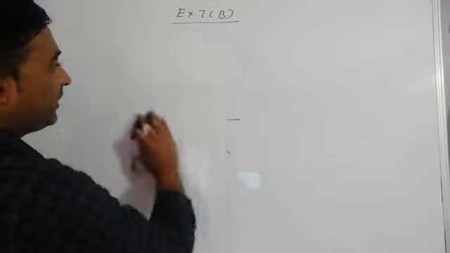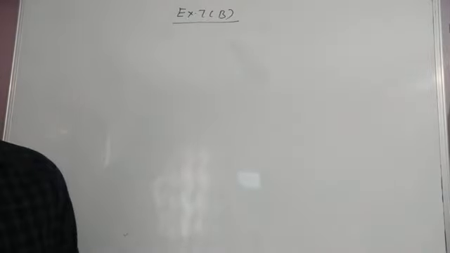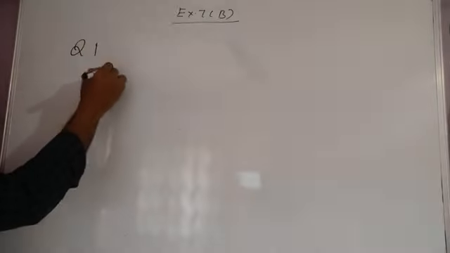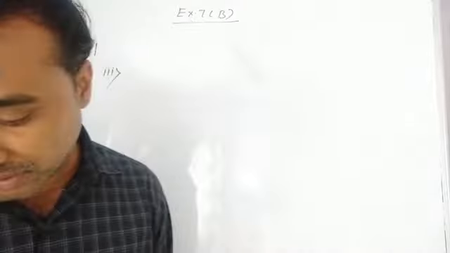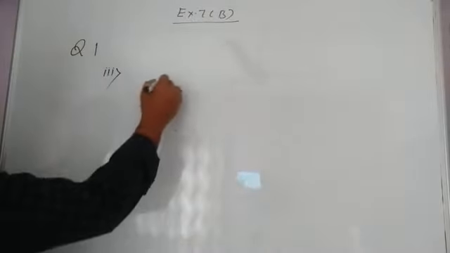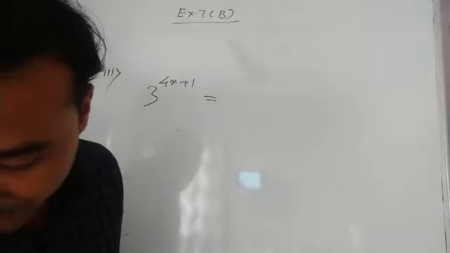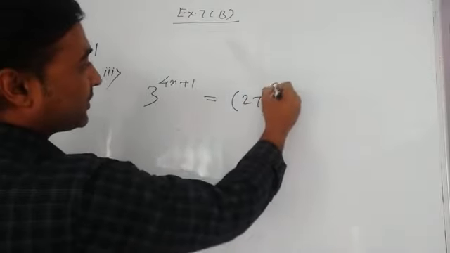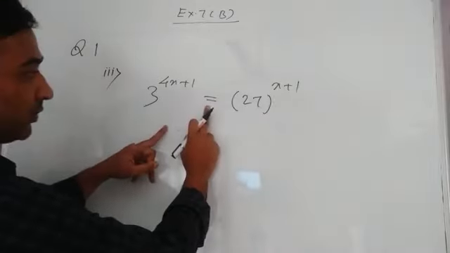So straight away I'll be starting with some applications to understand the concept. I'll be going for question number 1, third one. The question is 3 raised to 4x plus 1 is equal to 27 raised to x plus 1. Here the base is 3.